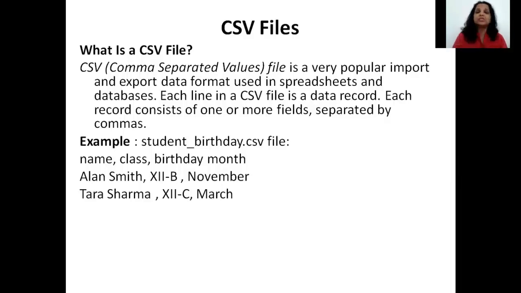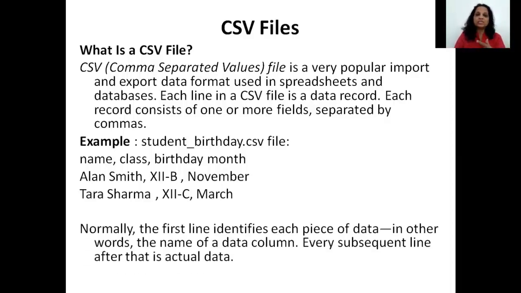And the elements of the record are separated from each other by a comma: the name and the class are separated by a comma, and the class and the birthday month are separated by a comma. So, comma separated values. Generally the first line identifies the kind of data you're storing, and subsequent lines talk about the actual data.